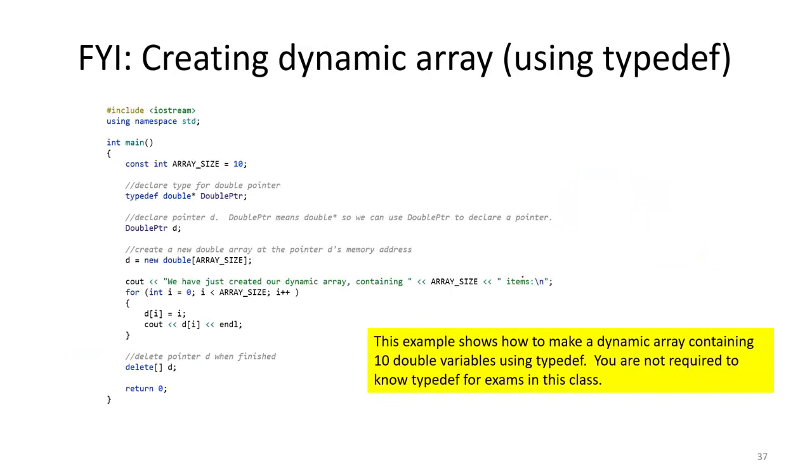Here's an example of how a typedef might be used. So in this case, they declared a typedef. Instead of double star, we are now going to write double ptr whenever we want to declare a pointer. So it really doesn't save a lot of work here because we could have just written double star d, but instead we made a typedef, so now we can write double ptr d. Otherwise, the approach for declaring the dynamic array is the same as before.